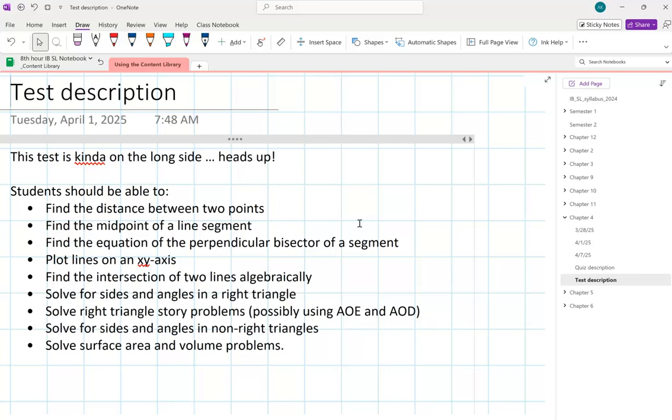So the test, this one feels like it was kind of on the long side. It was a lot of pages when I printed it off. Well, the quiz was long. But part of that is you have diagrams and stuff, like triangles and shapes. I think it was like 10 or 11 pages.